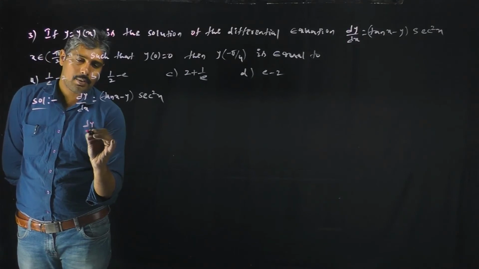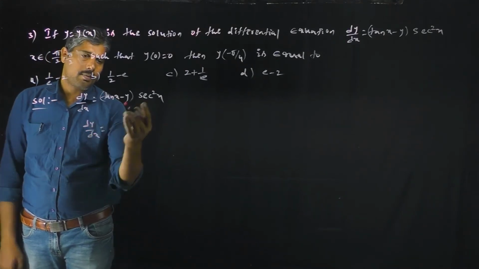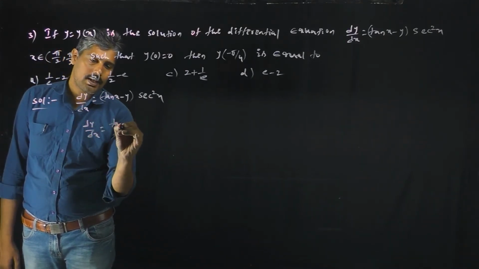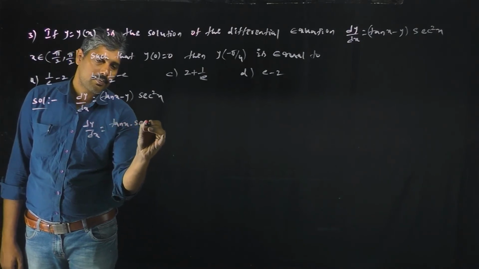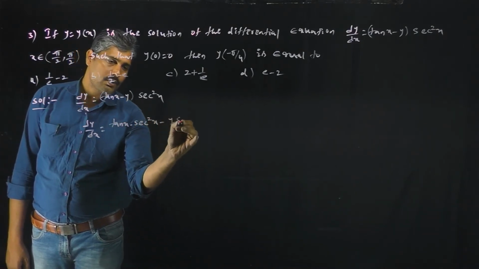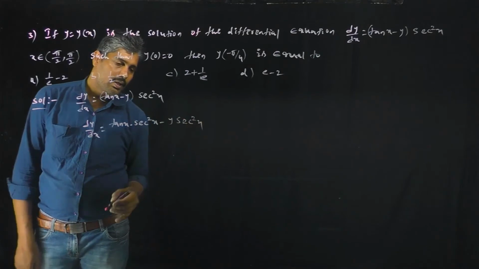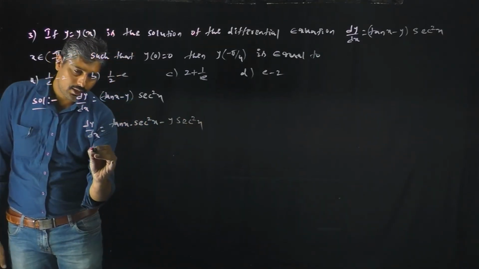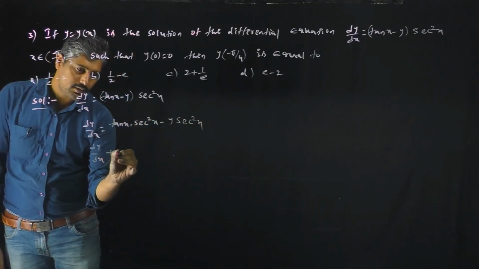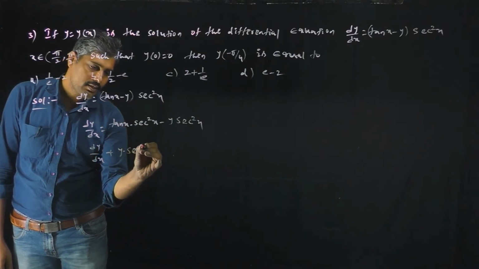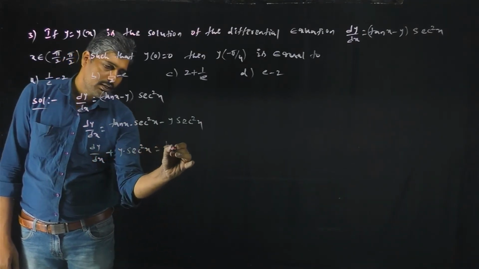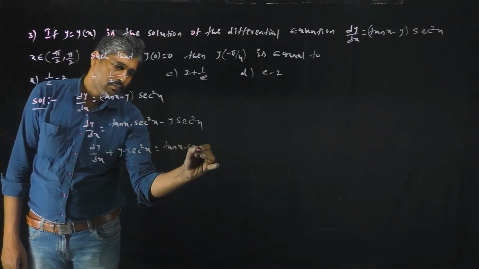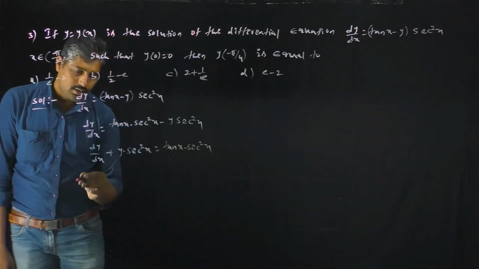Multiplying with secant squared x, dy by dx equals tan x into secant squared x minus y into secant squared x. Then taking the left side, dy by dx plus y into secant squared x equals tan x into secant squared x.